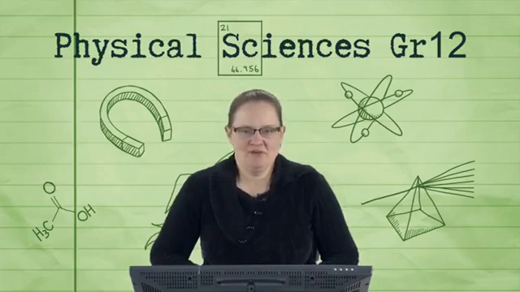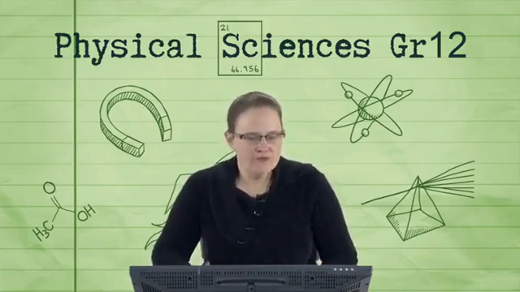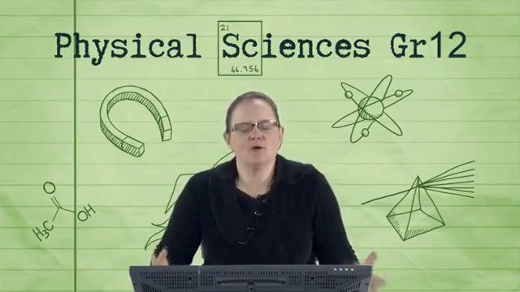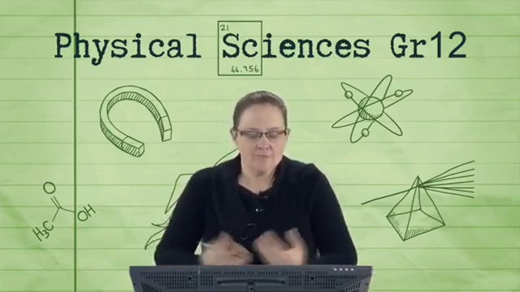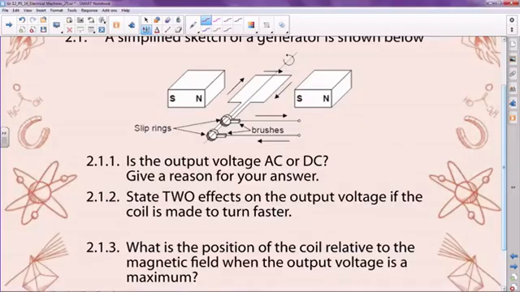So, grade 12s, how did we do? Hopefully not so bad. And what I'm hoping you get in here, grade 12s, is that with motors and generators, this is a theory thing. There's so little we can actually ask you. So the first thing they ask you here is, is the output voltage AC or DC? And give a reason. Well, we look at this and we go, look here. We have slip rings.